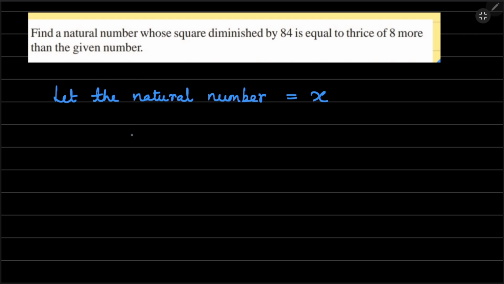Whose square means x square, diminished means subtraction, reduced by 84. Whose square diminished by 84 is equal to, is thrice of, that means 3 times of 8 more than the given number, which we have assumed as x.